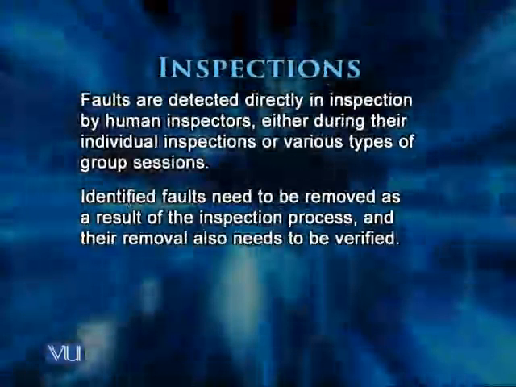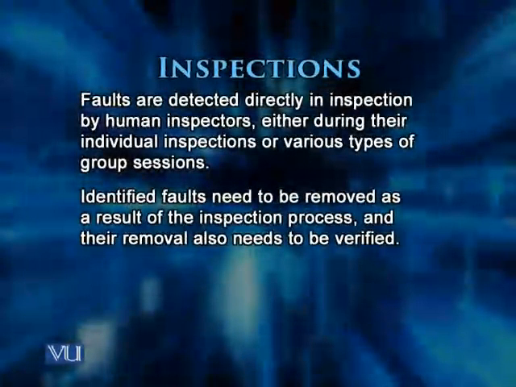So they can find defects before they come to the session, and they can do it in the session also. And the identified faults need to be removed as a result of the inspection process, and their removal also needs to be verified, that those things have actually been removed from the document.